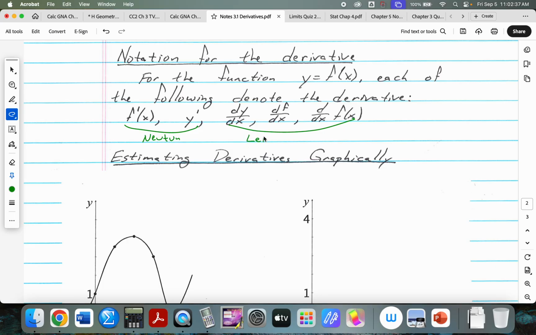These are all from a different mathematician who developed calculus at almost exactly the same time as Newton, but he was on the continent, not in England. Leibniz. I know it looks like it ought to be pronounced differently, but it's Leibniz because I think it's Germanic, and in German, when you have two vowels together, it's the second one that you say.